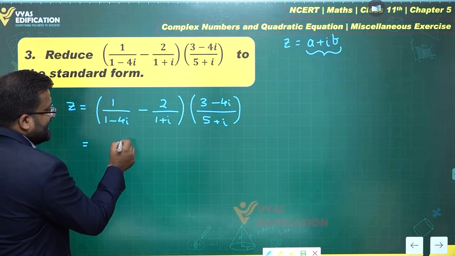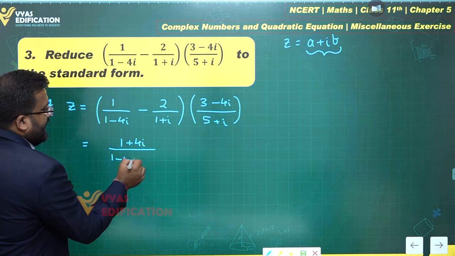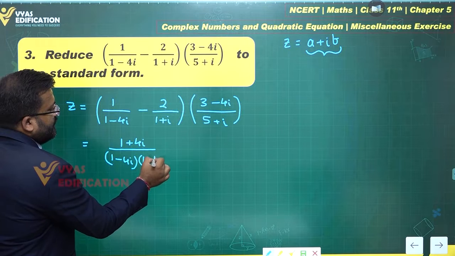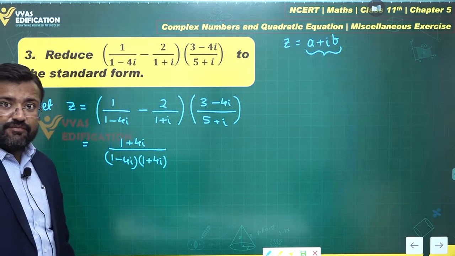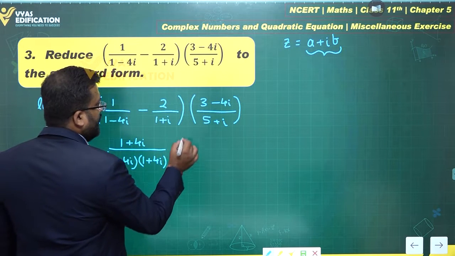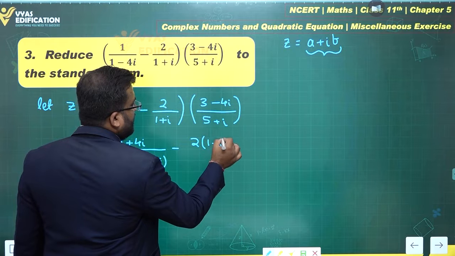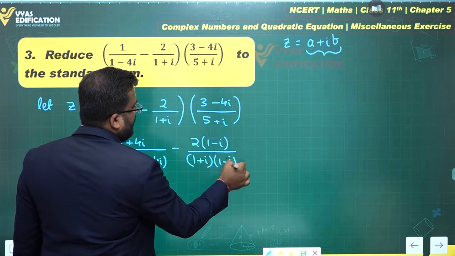What I'll be getting is, this is 1 plus 4i in the numerator, 1 minus 4i in the denominator multiplied with 1 plus 4i in the denominator. This whole thing can be written as this. Yes. What I've simply done is I've multiplied with 1 plus 4i in the numerator and denominator. What else? This is 2. Let's multiply with 1 minus i, 1 plus i and 1 minus i over here as well.